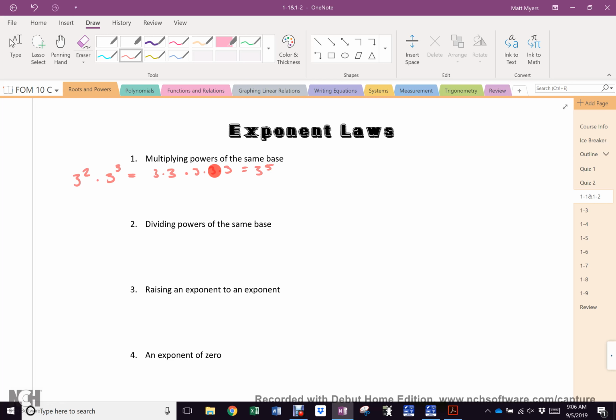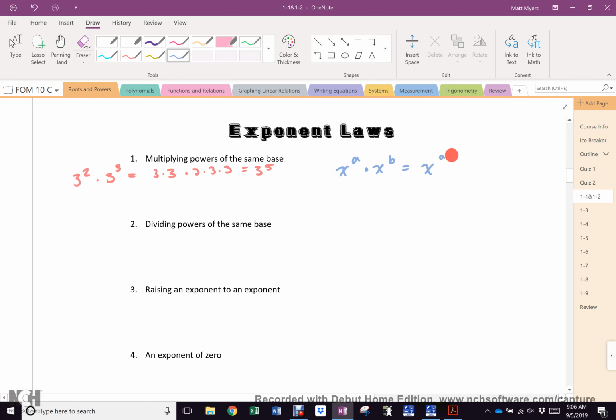So, if that is how it works with numbers, how does it work with letters? Because letters are just versions of numbers, yes? So what if I had x to the a times x to the b? What would be the rule I would write there? X to the what power?